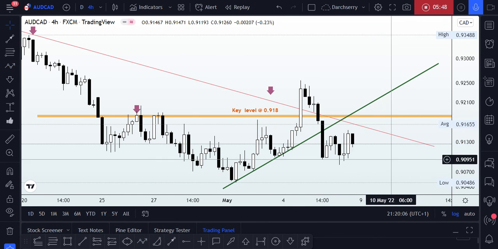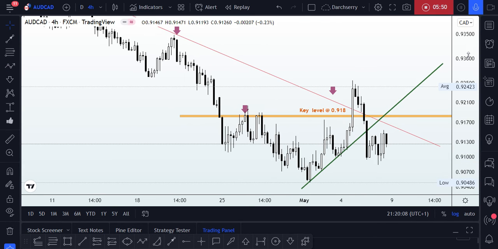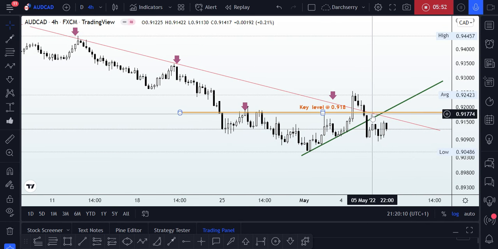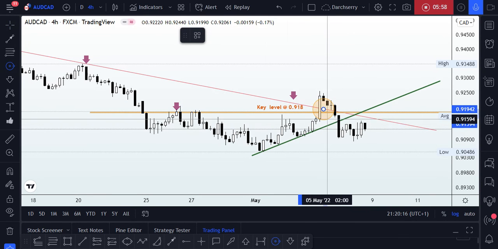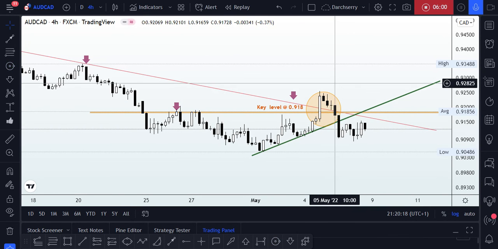So you can see how significant that key level is, and how significant the confluence is. And we don't know if this breakout is a confirmed breakout or a false one at this point.